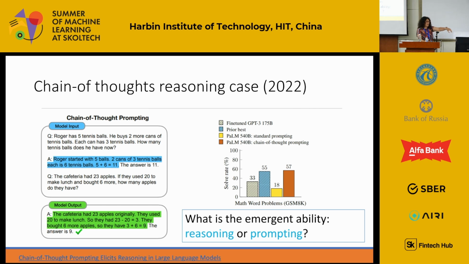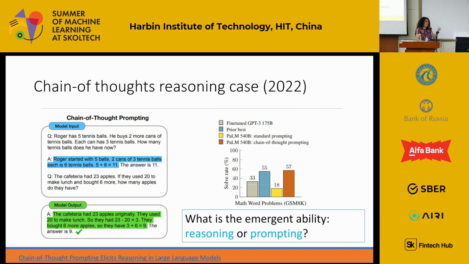You can see that if we provide the task, and in the prompt we demonstrate an example of reasoning step by step, and then ask to solve another task with the same method, we obtain much better results.